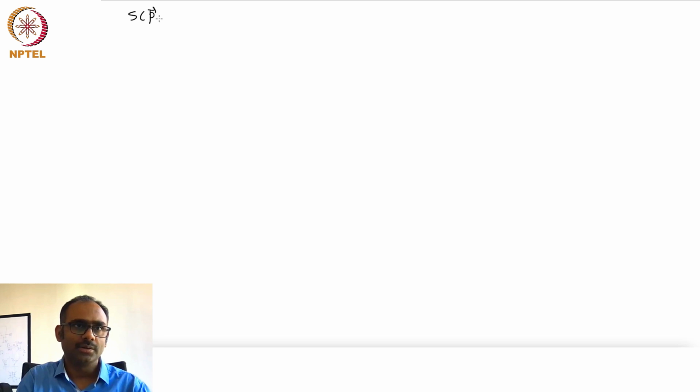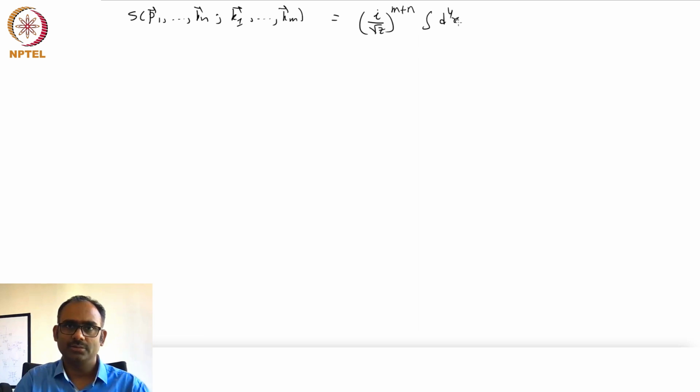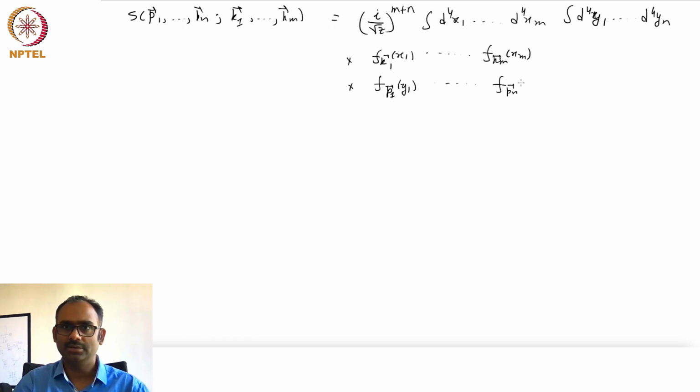So, S of p_1 to p_n, k_1 to k_m, is equal to i over square root of Z^{m+n}, then d^4x_1, d^4x_m, d^4y_1, d^4y_n, then you have the f_k's, f_{k_m}(x_m), times f_{p_1}(y_1) to f_{p_n}(y_n), then all these differential operators.